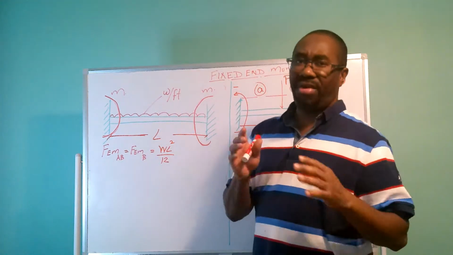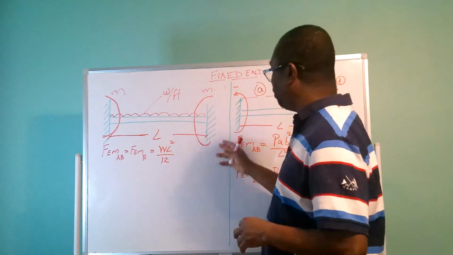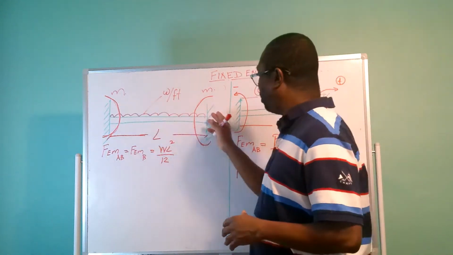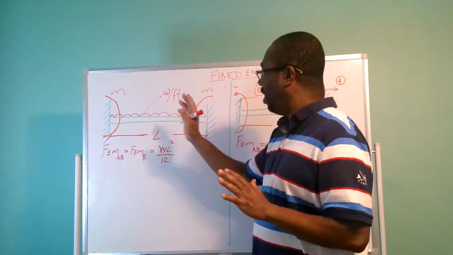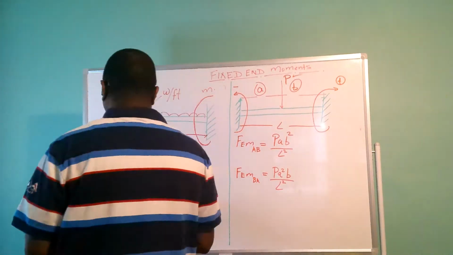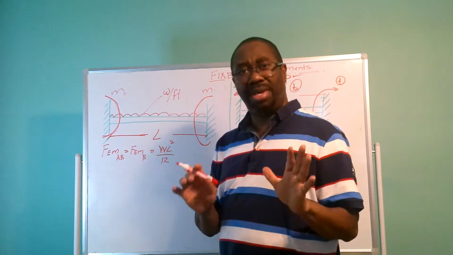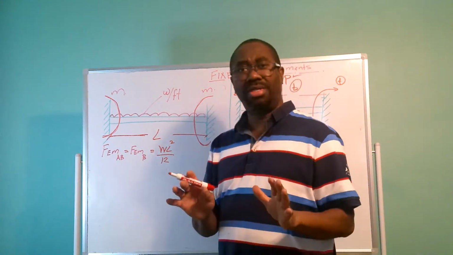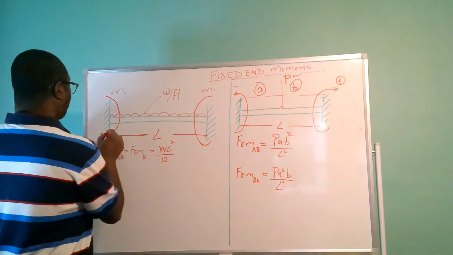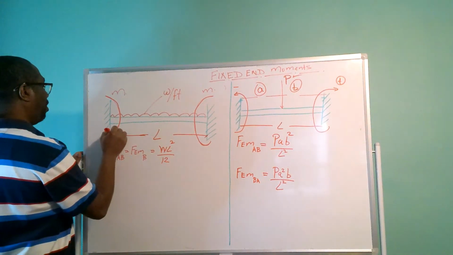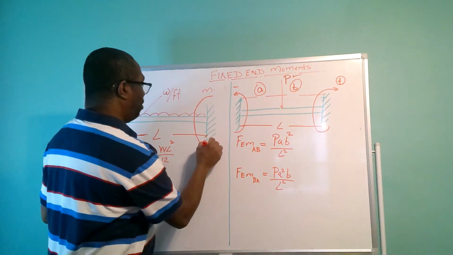So a fixed end beam looks something like this, with both ends of the beam fixed. When either end of the beam is fixed, it is going to cause a moment. So we're going to have a moment here, and we're going to have a moment here.